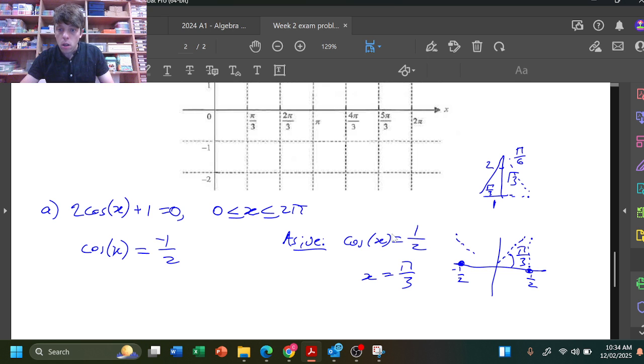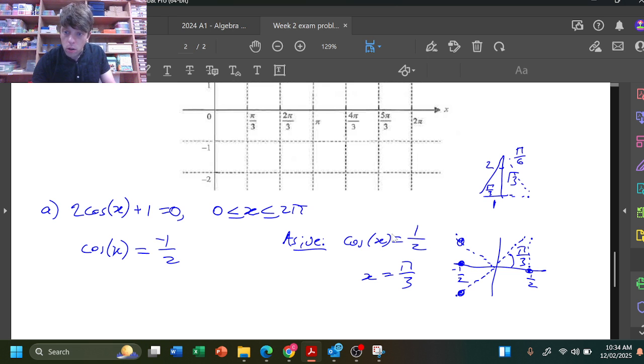We would look here, and we could look here. That angle and that angle are both going to give us negative 1/2 as the x-coordinate of those points. So a point that exists here and a point that exists here is going to have an x-coordinate of negative 1/2, right? That's how coordinates work.